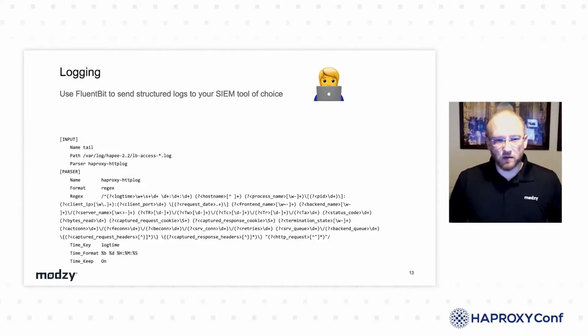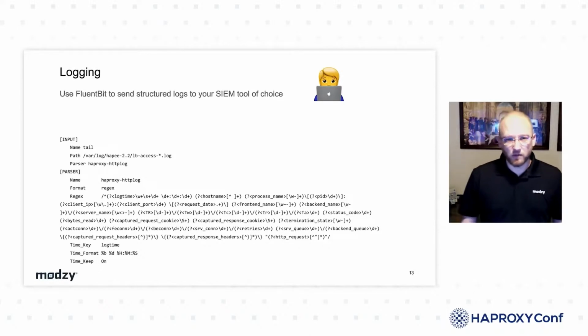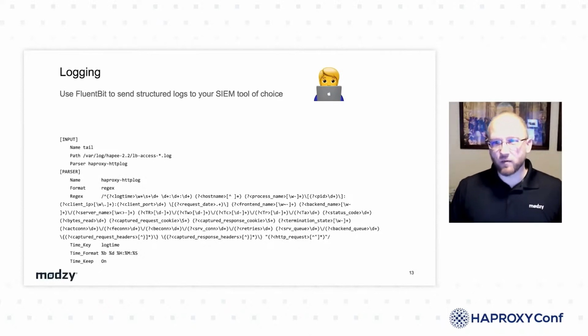And of course, if you use a custom HAProxy log format, then you can update this regex to match that. But we found that it works really, really well and allows us to have really powerful querying capabilities to filter on activity that we want to keep track of, as well as just generally see if everything's healthy or not.